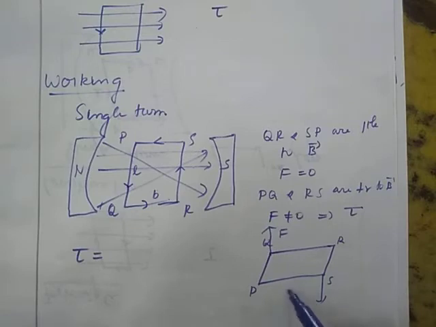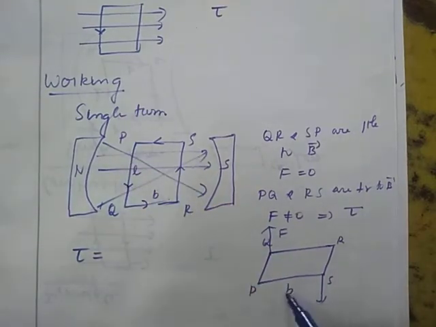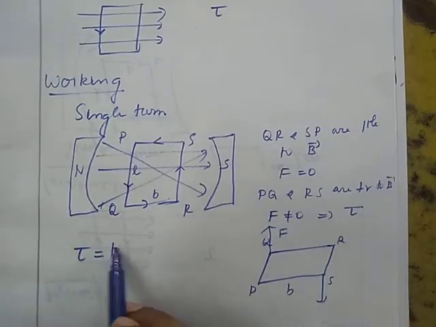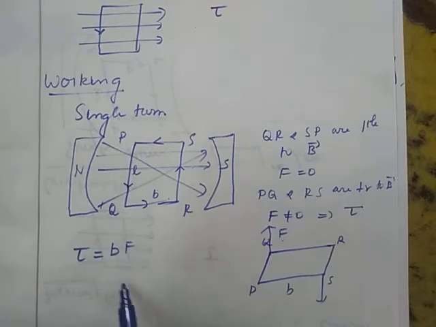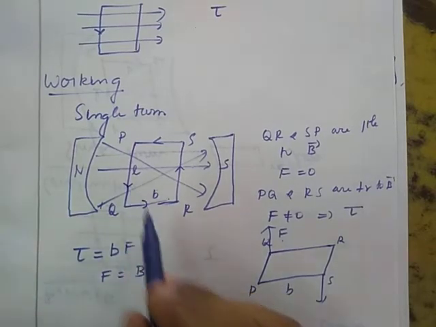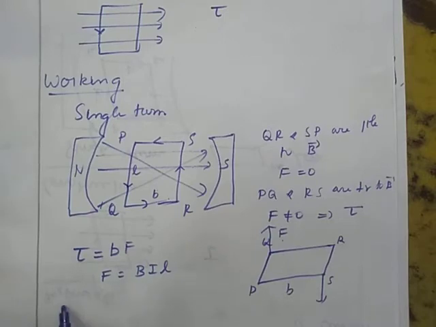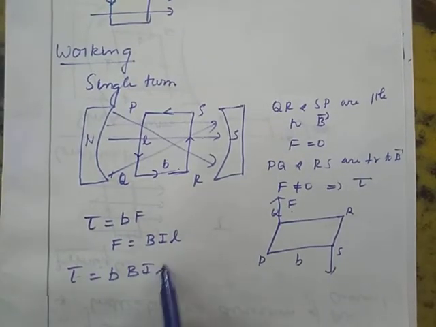Then this one is the perpendicular distance, PS, we know PS is known as B. Then one of the forces, we know the force experienced by the conductor in a magnetic field is F equal to B I L, where the length of the conductor is L. Then substitute this, then torque tau is equal to B B I L.